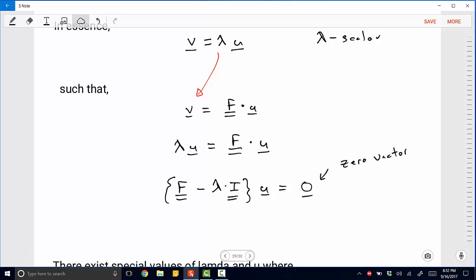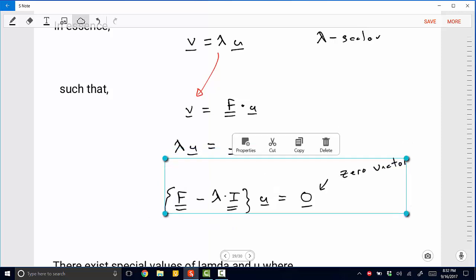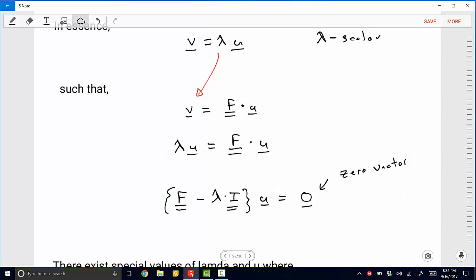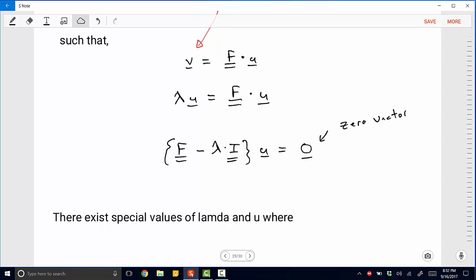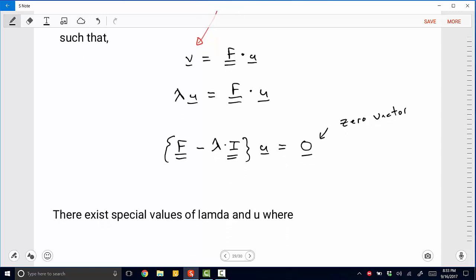So we found this nice little relationship here where there's this term lambda, there's this vector u that relates to our tensor f. So there exist special values of lambda and u, special values of our scalar and our vector u, where the vector u does not equal a vector 0, right?